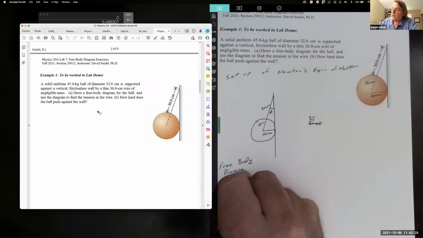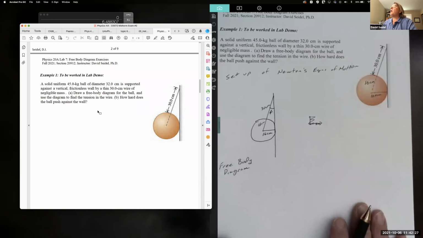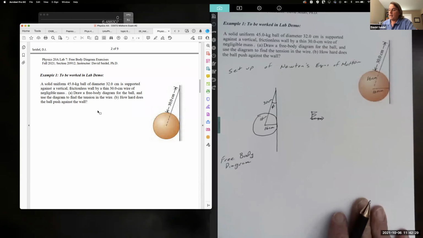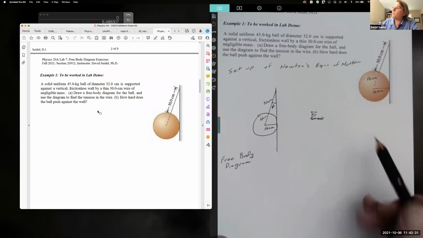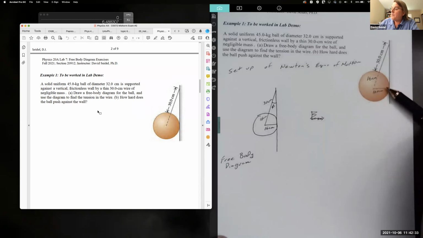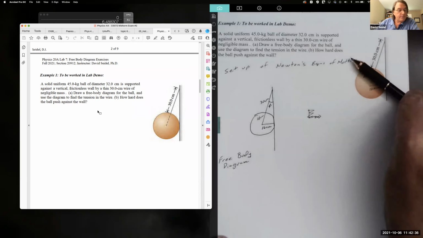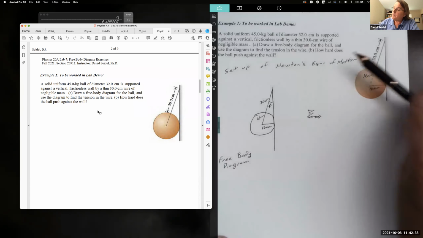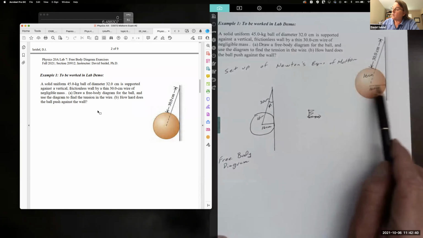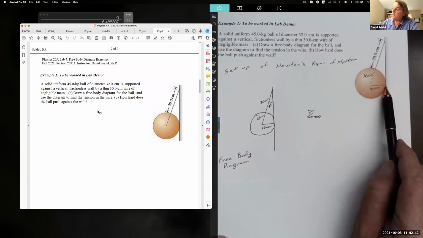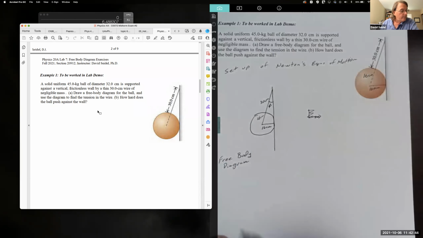I only have one free body in this problem. There's just one free body. But there's a real tendency when people get this to think that the wall is pushing up this way, and the wall is not pushing out this way. The wall is pushing normal.